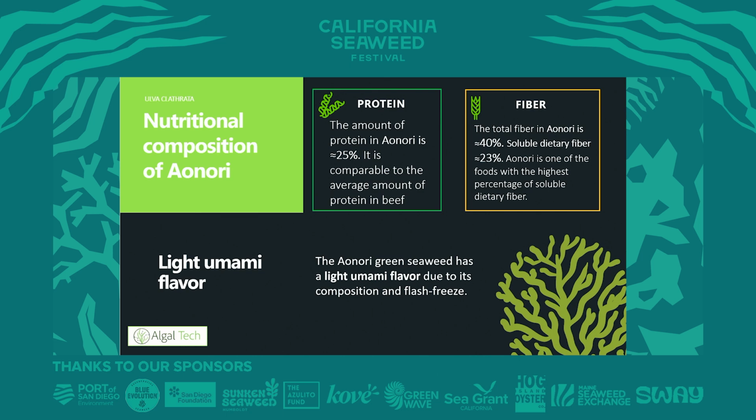Then, again, the flavor of the product that we produce, because of the way we produce it and the freeze drying that we use to dry it, is a very mild umami flavor that can be very easily adapted to the North American palate.